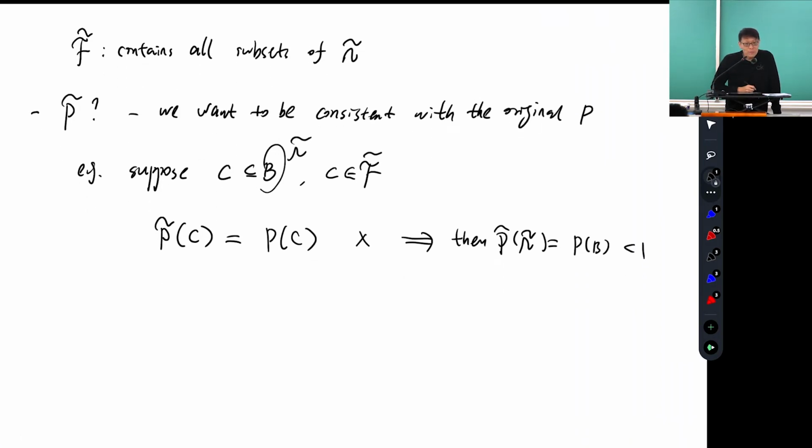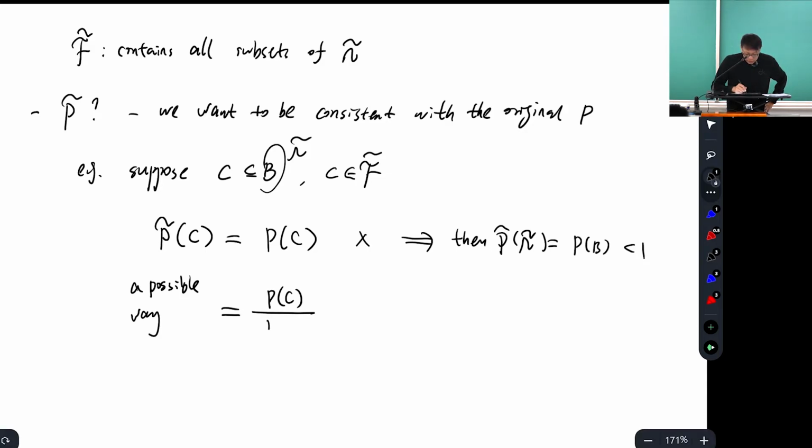What we should do is, and I want to emphasize, this is just one possible way to determine conditional probability that we always use. A possible way is we normalize it by dividing by P of B. Can you see the difference? These are the original probability measure, and this is the new probability measure.